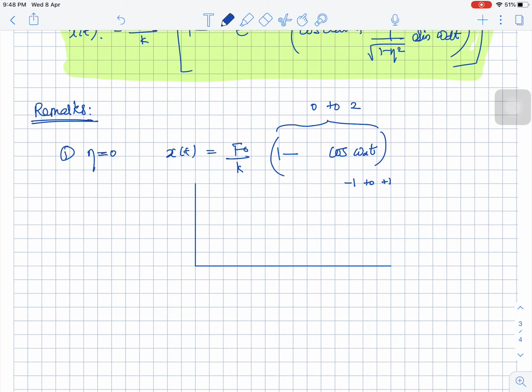So then we need to draw here one, the another one is here. So this is 2 f naught by k, this is f naught by k, and kt is starting from the 0, so therefore it will go like this.